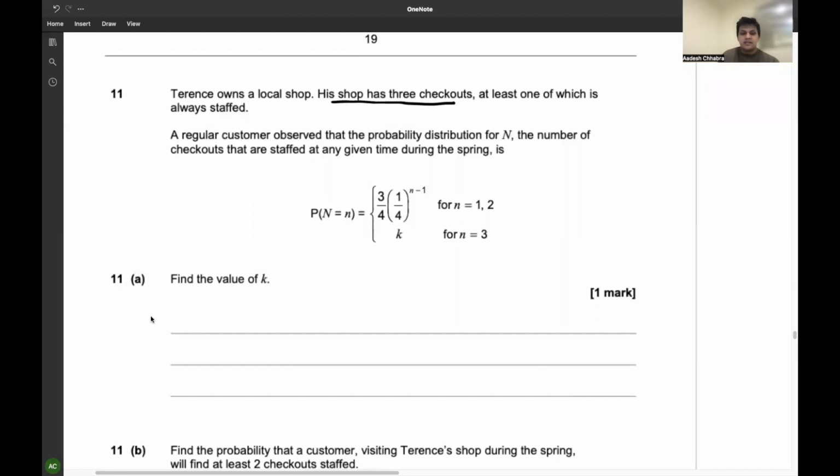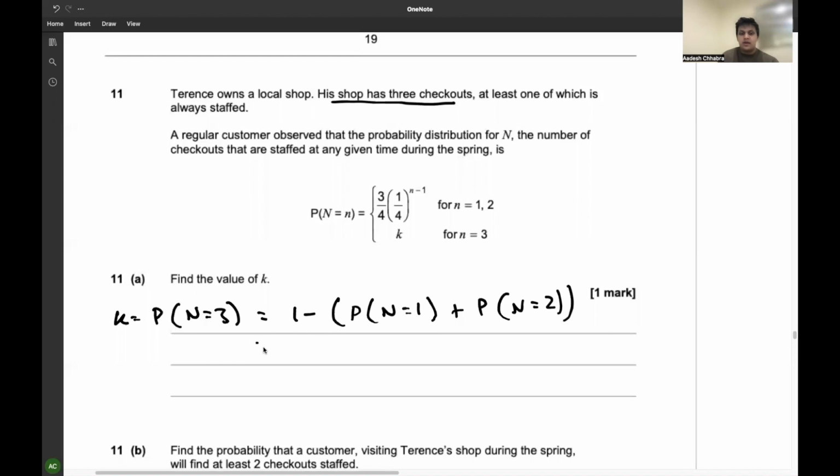So essentially from this information, we need to find the value of K in part A. And we know that since K is equal to the probability of N equaling 3, this can also be equal to 1 minus the combined probabilities of N equaling 1 and 2. So we can go ahead and write this as such, where it's just going to be the probability of N equal to 1 plus the probability of N equaling 2.